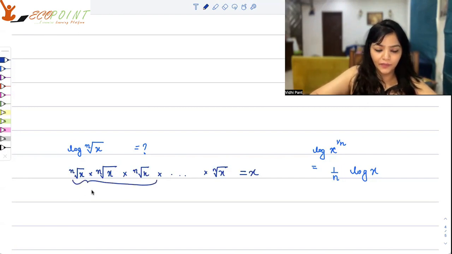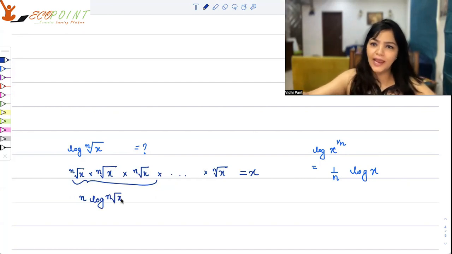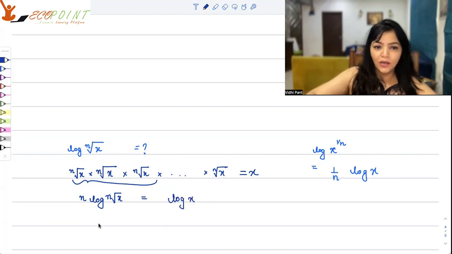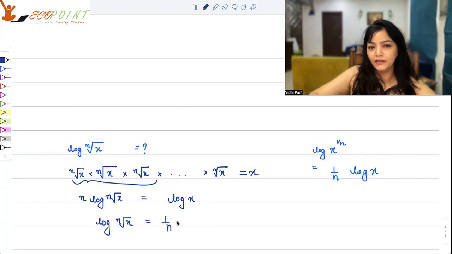So if you take log, you will get that it's nothing but n times log of nth root of x, because if you take log, you're just adding each, so you're adding n number of times. So n times log of nth root of x will be equal to log of x because you are taking logarithm on both the sides. Automatically, that gives you that logarithm of nth root of x is equal to 1 upon n, the left-hand side n goes down here, log x.